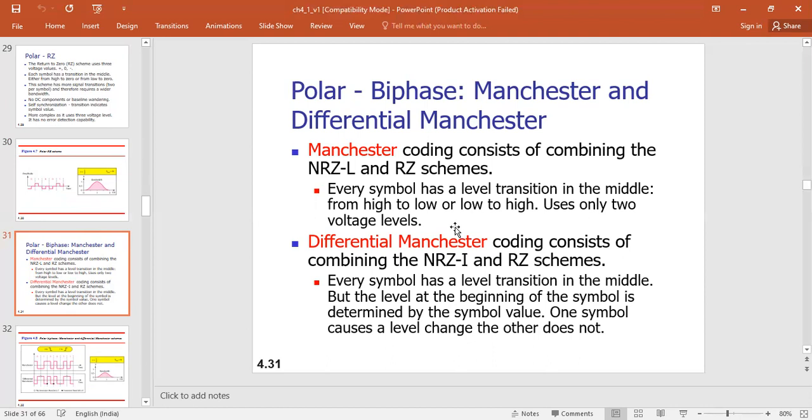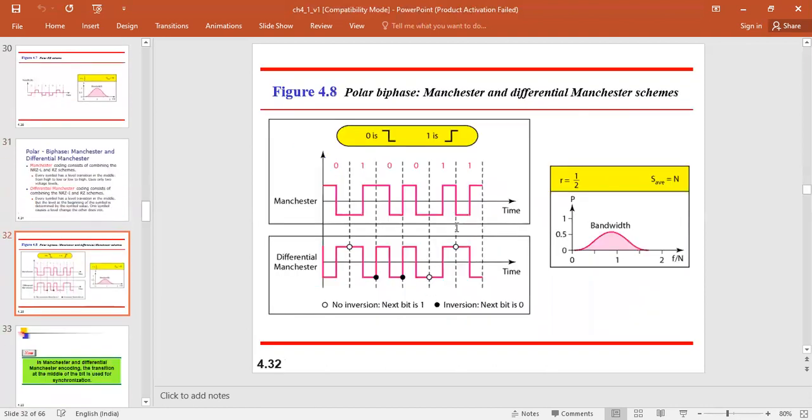So in Manchester, 0 looks like a positive to negative transition, and 1 is negative to positive. Like that, 0 means the same again, positive to negative. So this is called Manchester.